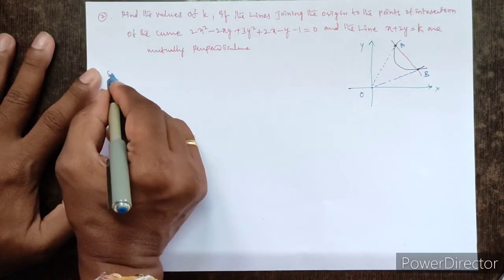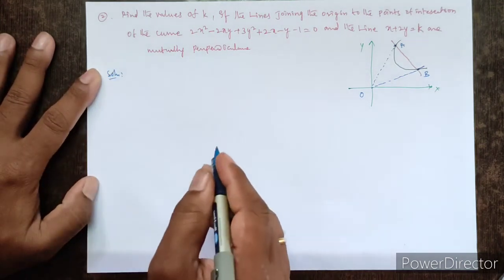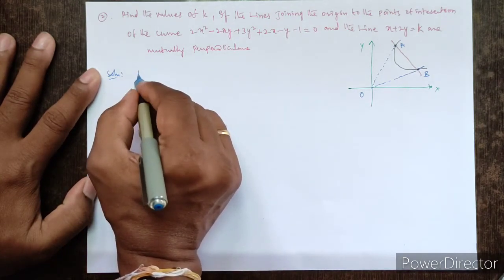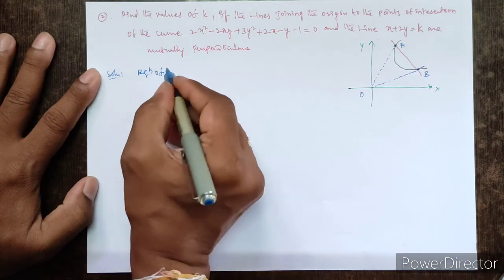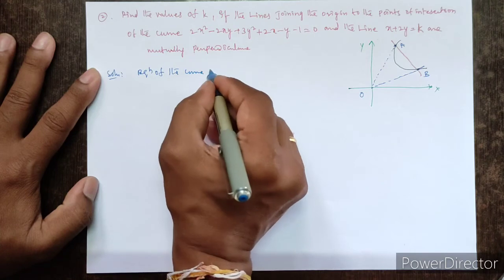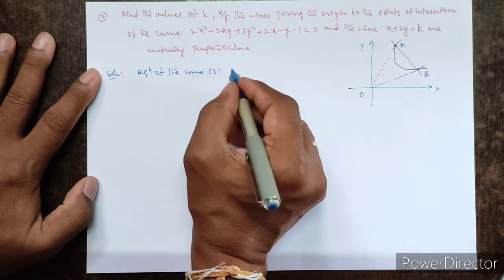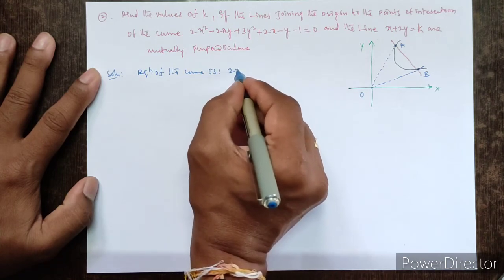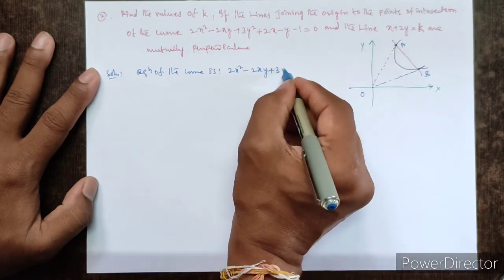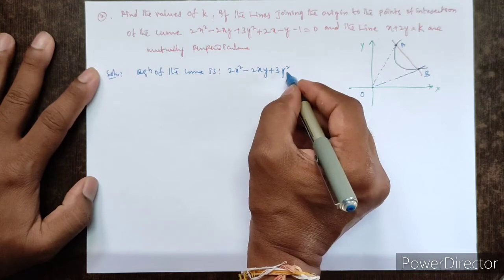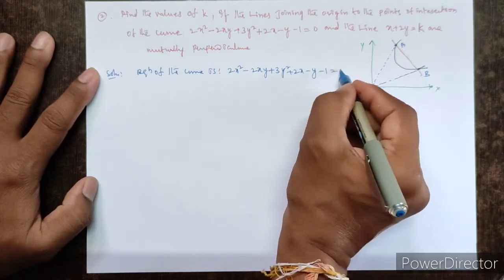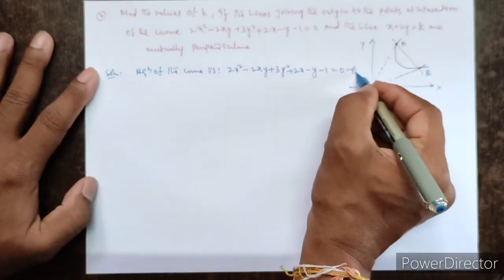Solution. Equation of the curve is 2x square minus 2xy plus 3y square plus 2x minus y minus 1 equal to 0. This is equation number 1.